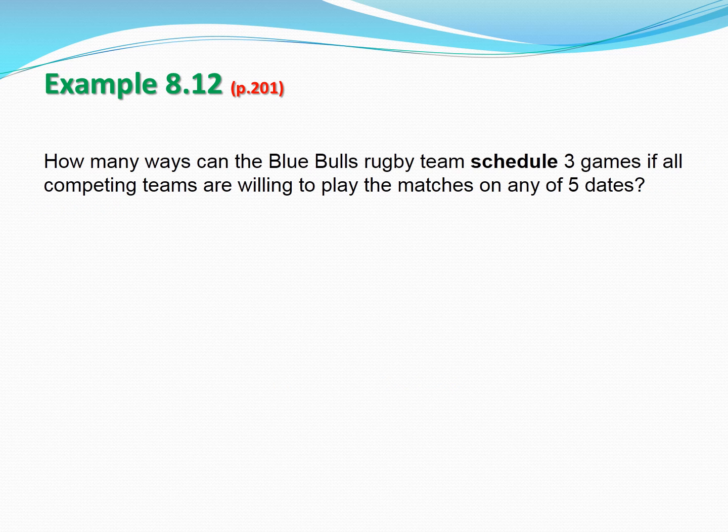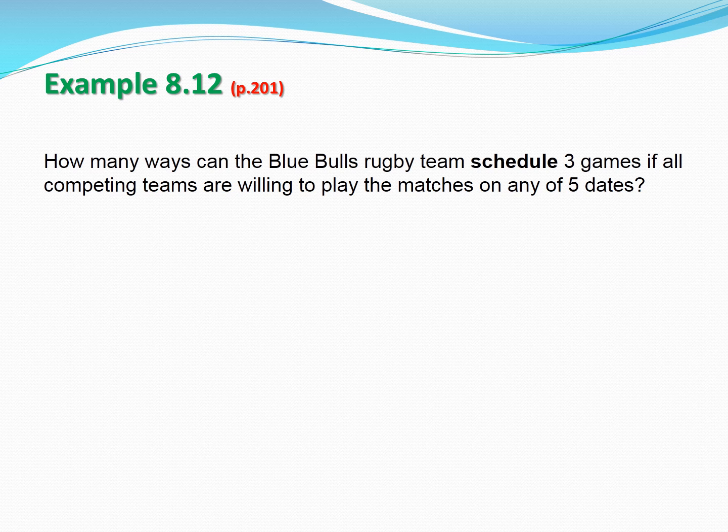In example 8.12, they want you to determine in how many ways a Blue Bulls rugby team can schedule 3 games if all competing teams are willing to play the matches on any of 5 dates. This is going to be a permutation without replacement, and your keyword here was schedule, because that means that there will be a certain order involved, and you can't have games on more than 1 date, so it's without replacement.